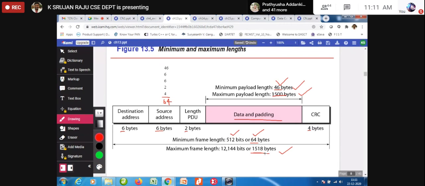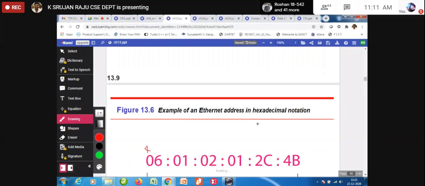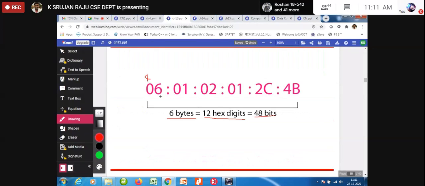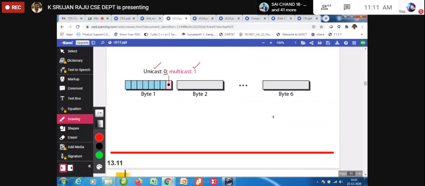Based on that, I'm not going to waste much time, I'm just bringing you into today's class so that you can understand it well. Based on this frame format, we discussed the MAC address, 6 bytes, 48 bits, and that addresses can be unicast or multicast.